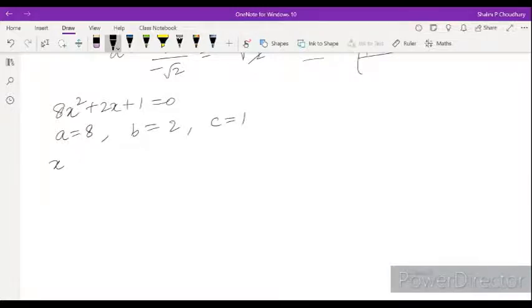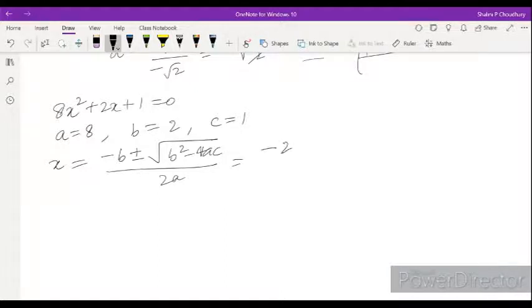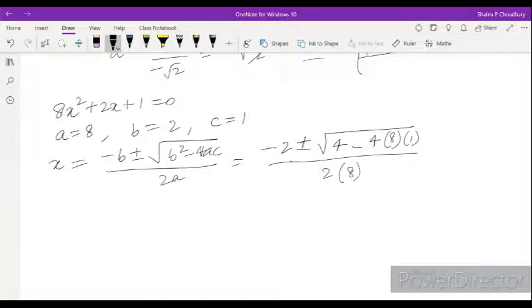So x will be equal to minus b plus minus square root of b square minus 4ac divided by 2a. Now we'll put the values: minus b is equal to minus 2, plus minus square root of b square. So 2 square will be 4, and minus 4 into a which is 8 and c which is 1, divided by 2 into a which is 8.